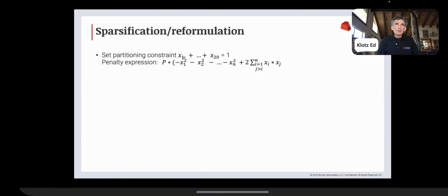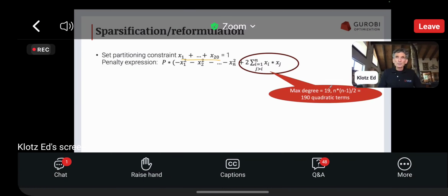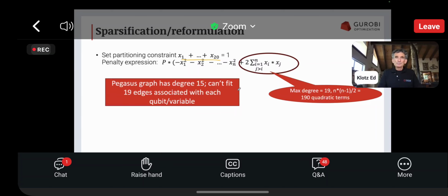But if we bump up the number of variables in our constraint to 20, we still have this quadratic sized expression of penalty terms. Now the max degree is 19, and we have, excuse me, 190 quadratic terms.